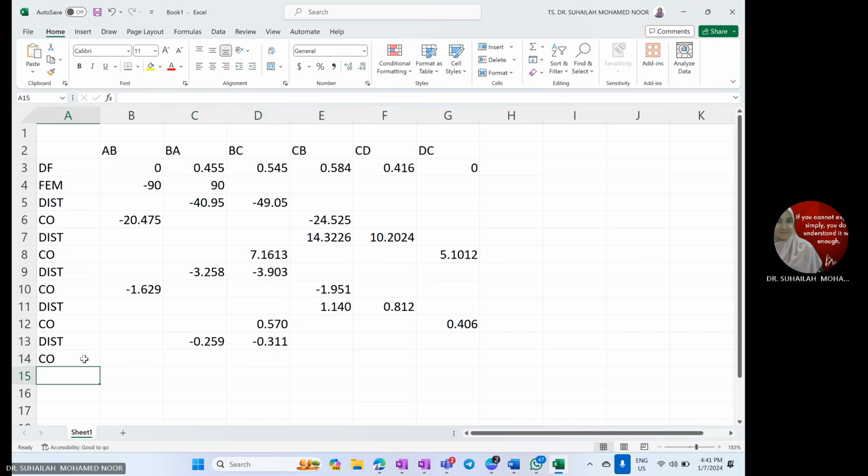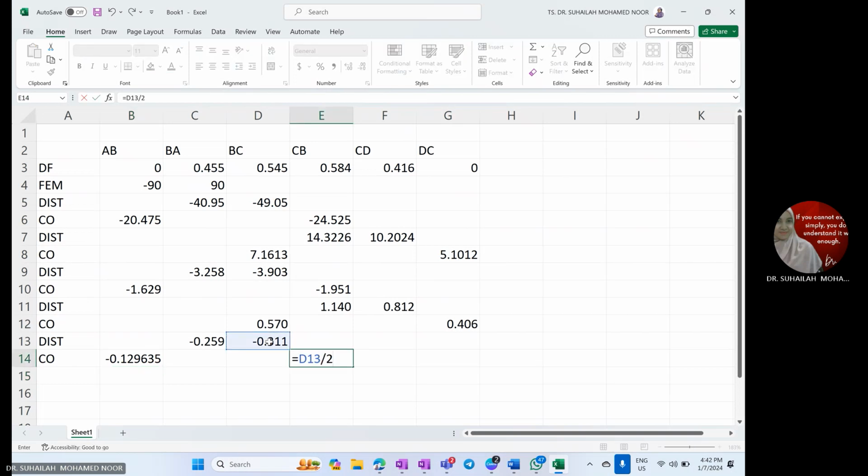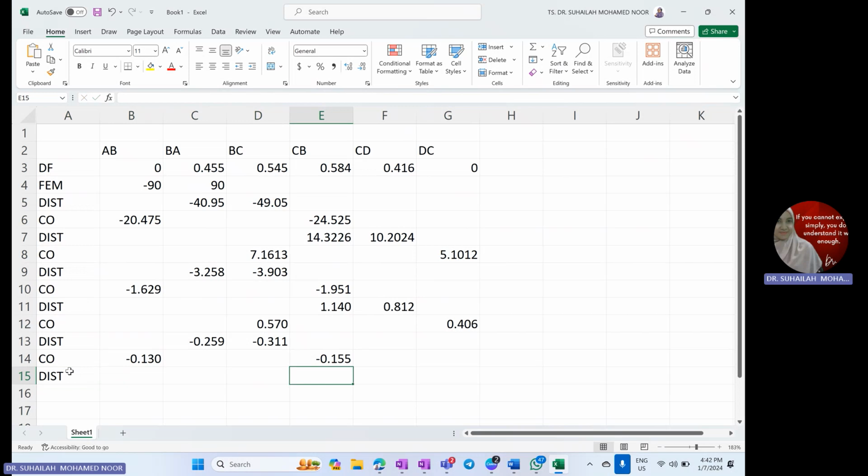Carry over, we divide by 2, crossing the boundary. Next distribution: CB, CD, times the factor.